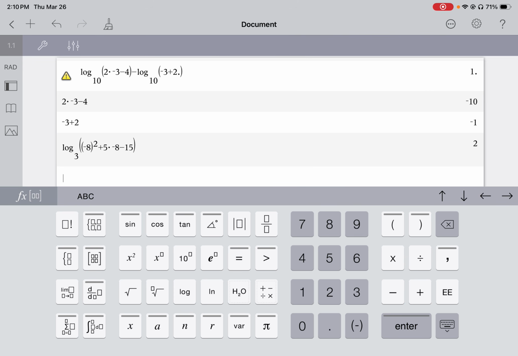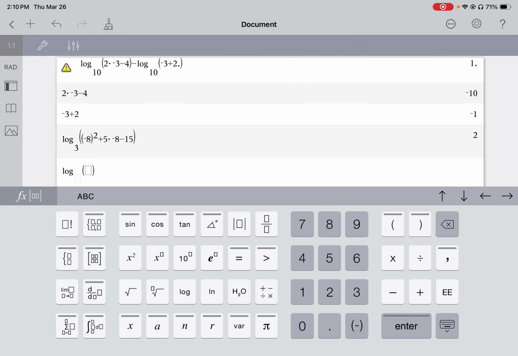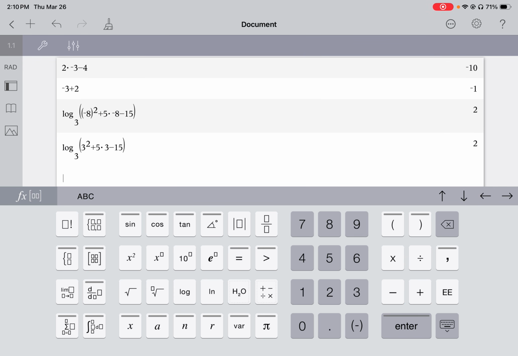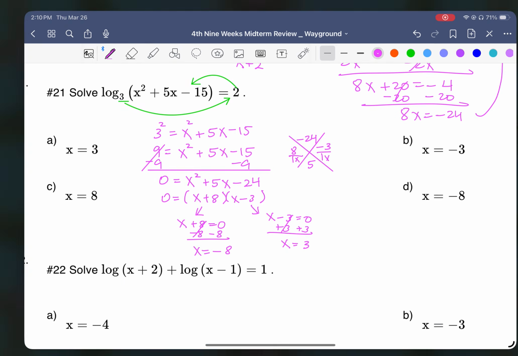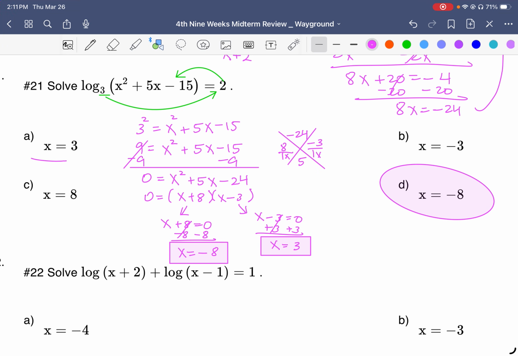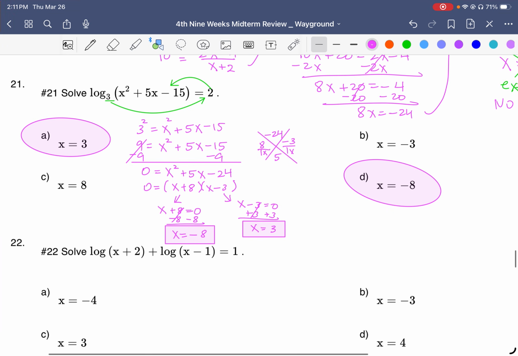So that means that negative 8 is a solution. Now let's try positive 3. So log base 3 of parentheses 3 close parentheses squared plus 5 times 3 minus 15, and that also equals 2. So that means that both of these are solutions, and I'm going to box in both of them. Or rather, let me box in the answers, D and A. So A and D are both correct.